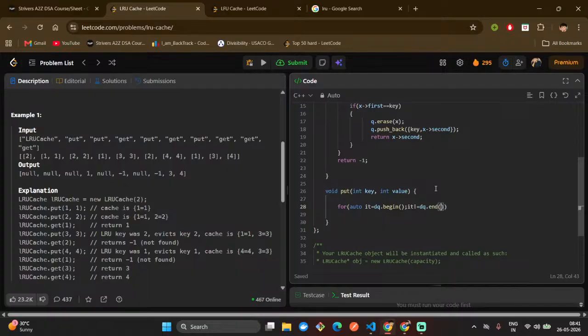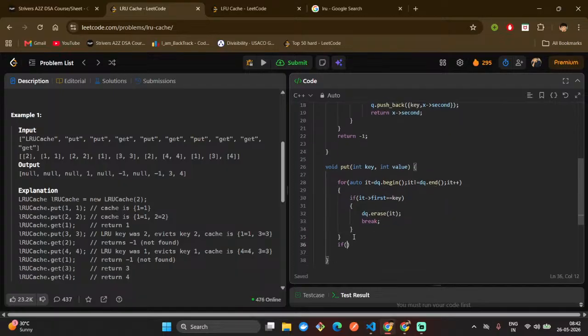Indent. And IT plus plus, right. Now just we have to check if the IT first is equal to key, just we have to return dq dot erase IT. Yeah, right, because of current.